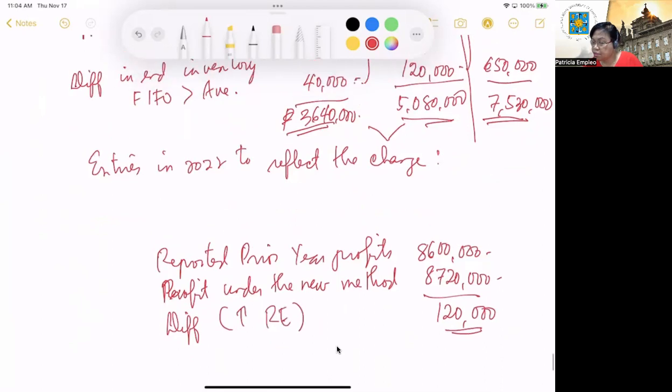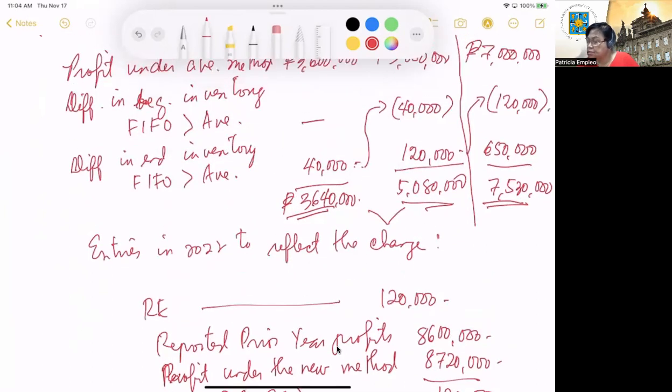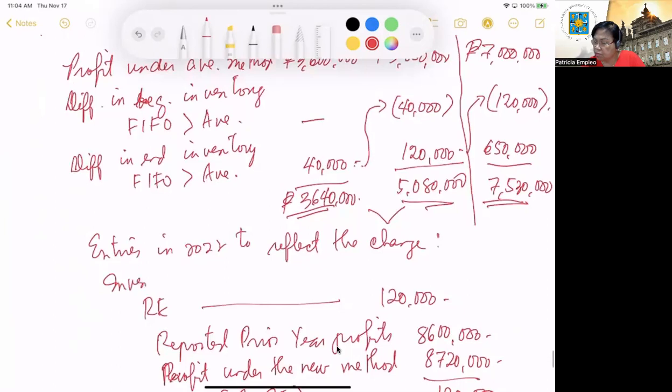Therefore, your entry is to credit retained earnings. That is to increase our beginning retained earnings for the year. We are disregarding the income tax effect. And please take note that this is the same difference as in the beginning inventory. Therefore, you are to debit inventory beginning because the company uses the periodic inventory.